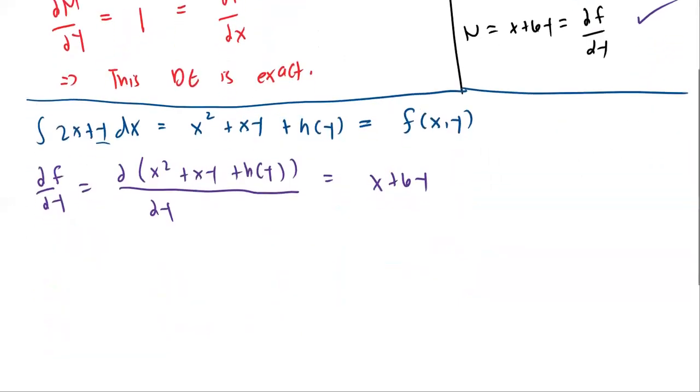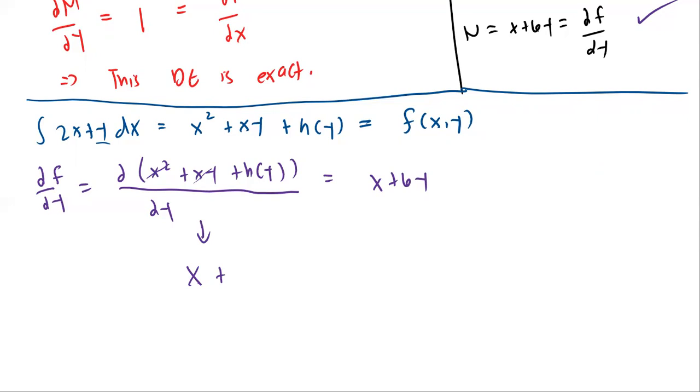Okay, so let's go ahead and find what this partial derivative is with respect to y. So x squared is a constant for our purposes. That goes to 0. X times y, again, you're taking the derivative as you would with respect to y, treating x as a constant. Right? So this term, all you're left with is x plus the partial derivative of h of y with respect to y.